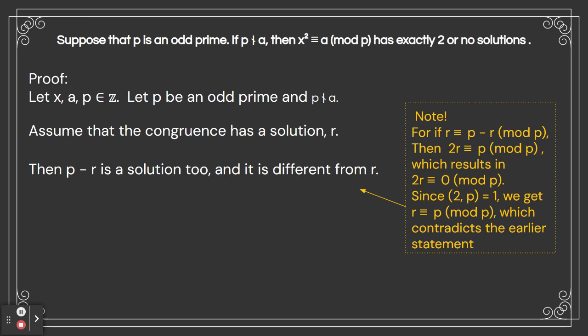So you can see we do result in 2R is congruent to 0 mod P. We know that 2 and P, their GCD is 1. So we would be able to write this as R is congruent to 0 mod P. So that contradicts our earlier statement, so that's kind of why we want to show that this is going to be different from R.